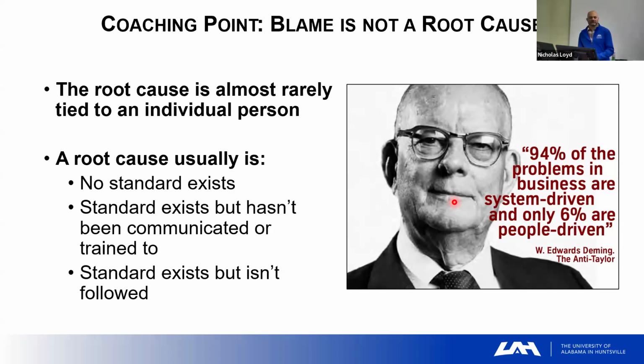We know we've gotten to the root cause when one of these 3 things is the case. There's no standard that exists, so our countermeasure could be developing one. It could exist but hasn't been communicated, just like we saw in the previous example. Or it exists and it's just not being followed.